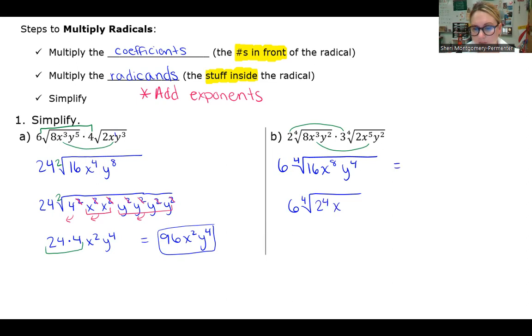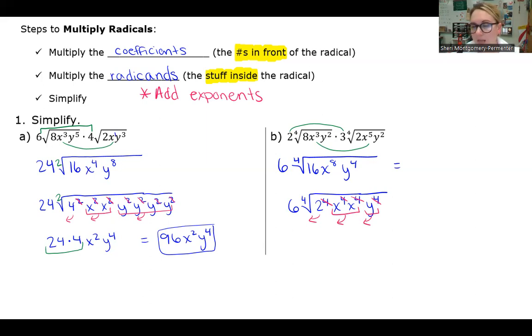So I'm going to have x to the 4th and x to the 4th, and y is already to the 4th. Anything that has an index that matches the exponent can go out into the front. I'm going to bring the x's out as a group. And again, I get left with nothing underneath the radical.